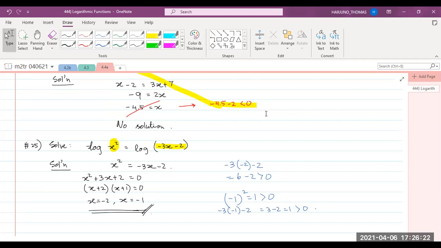Property of logarithms is something you have seen in intermediate algebra. Once we are done with this property of logs, which is short, we will go on with solving exponential and logarithmic equations. And see you then on Thursday.